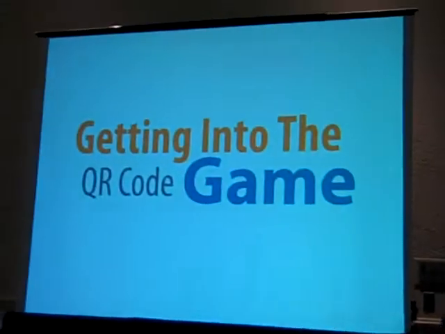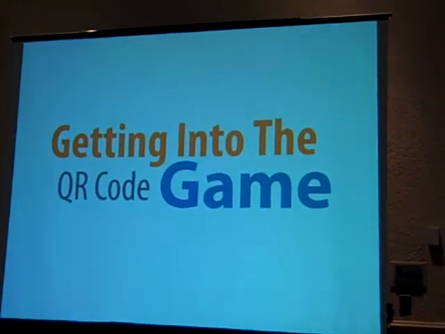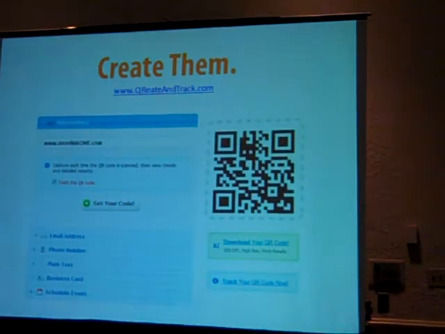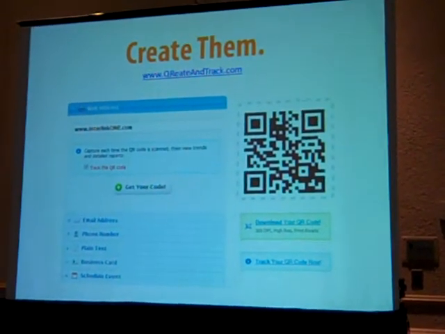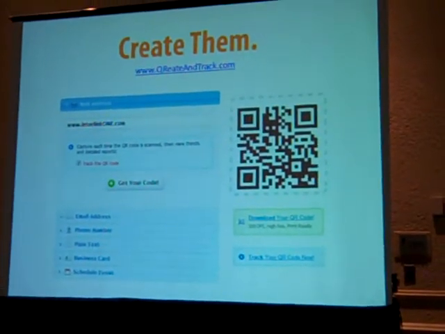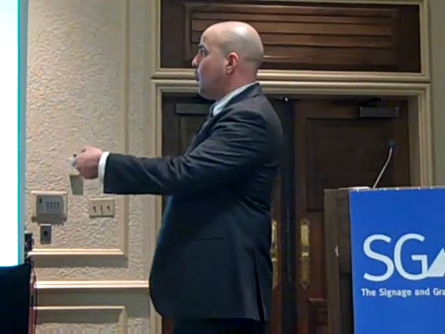Just getting into the QR code game, so if you want to try it, you can Google for QR code readers. Here's an application for the company that I work with, createandtrack.com. Basically it allows you to do a couple things. You can make QR codes one at a time with your website, or you can make them in bulk.